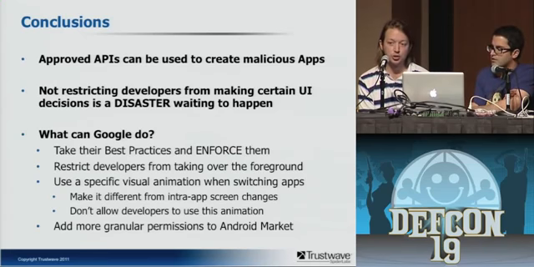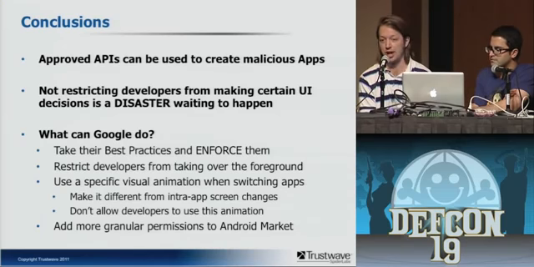Google really has to change that, because not restricting developers from doing whatever they want is a disaster waiting to happen. iOS doesn't suffer from this because you can't monitor what app is running, and you can't put something in front of the user without their direct intervention. And they have different animations for switching between apps versus switching between views in the same app. Those are the three key differences that allow this.